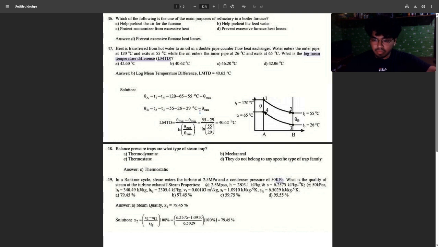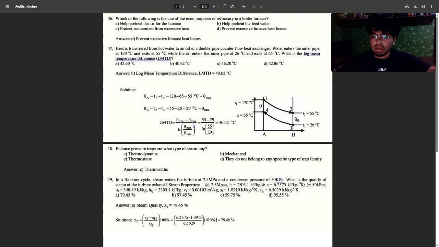So, since naa na tayo minimum and maximum temperature, pwede na nato masolve ang log mean temperature difference, or LMTD. Simple, gamiton nato kini nga formula: maximum temperature minus minimum temperature over Ln of maximum temperature over minimum temperature.